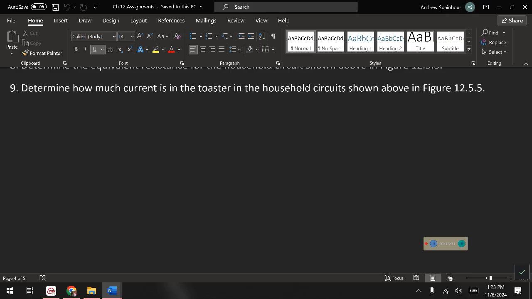I'll give you a couple of answers to get started with here. That whole section there is 80. If you struggle with that section, here's how you could redraw it. You could redraw it like this.